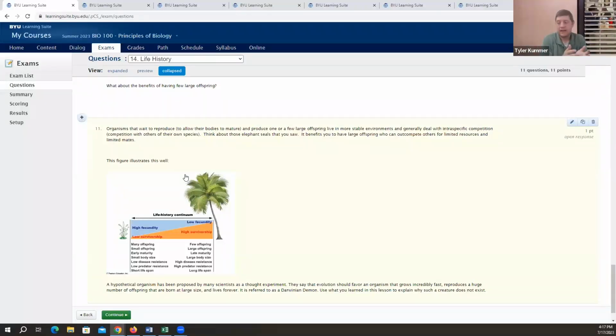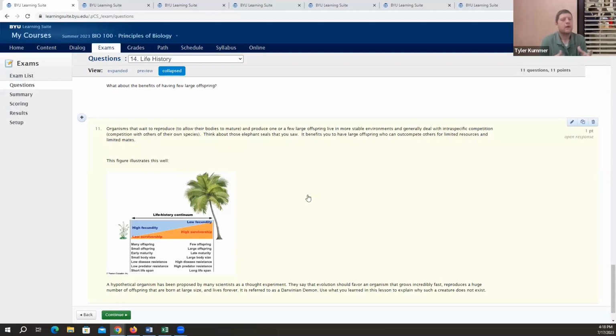Another one is temporally isolated. And that fits with what we were talking about, that in certain environments, it's better to reproduce early versus late. And in others, it's better to reproduce late than early. In that case, you're not going to be able to reproduce because the females are not receptive at the same time. An example of this might be elk and deer, right?